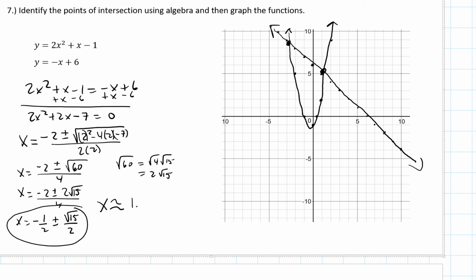So we get 1.44, that's roughly here. And then this one is going to be negative 2 minus 2 square root 15 divided by 4, which is going to be negative 2.44, which is going to be right here.